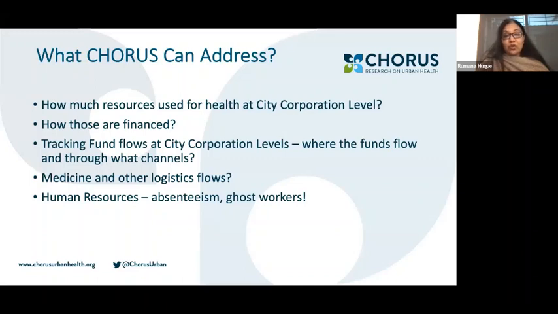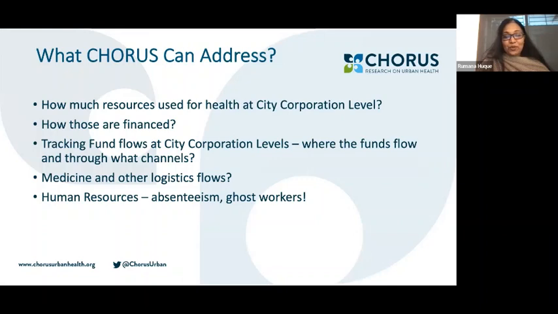And human resources: we always say that in the Ministry of Health in rural areas, retention of staff and absenteeism are a huge problem. So is this also true for the city corporation? Do they face the same problem, and what solutions are they suggesting? And ghost workers, this is an interesting term, often used.